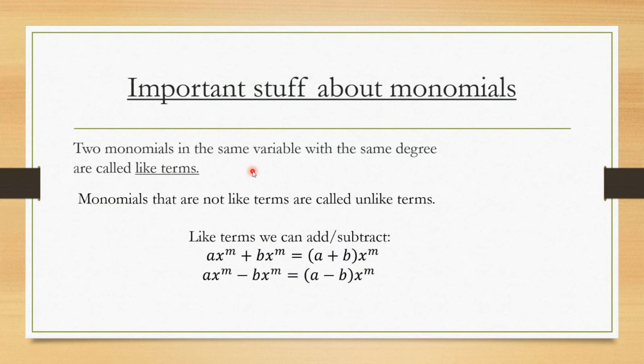Two monomials in the same variable with the same degree are said to be like terms. And if monomials are not like terms, then we just call them unlike terms.